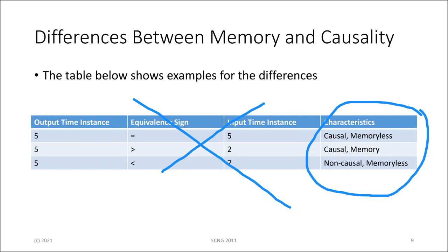So you could have both causal and non-causal memory systems. And then, of course, you could have non-causal memoryless systems as well. Those are the pure ones. Not counters, counters would be a memory system. But you have systems where the data, for instance, they store data, stored information.